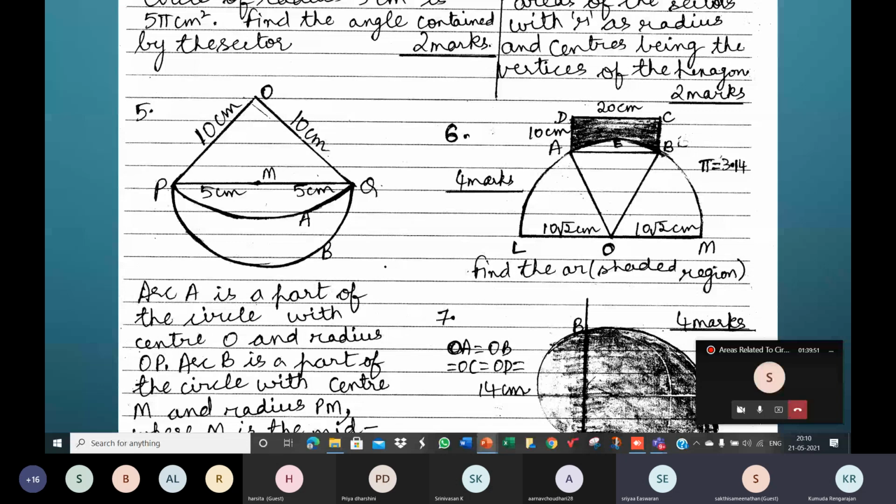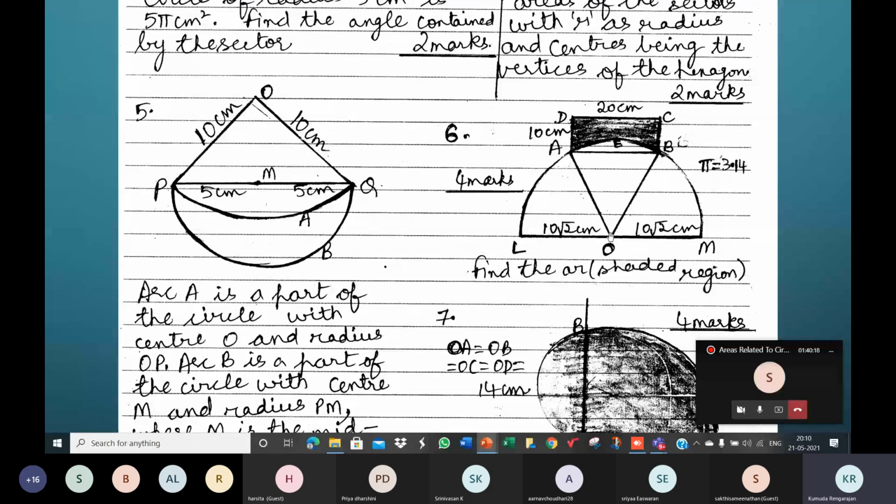Ma'am, OA. LO. LO is the radius of the semicircle, so LO is equal to OA. OL is equal to OA is equal to OB is equal to OM, all radii of the semicircle.